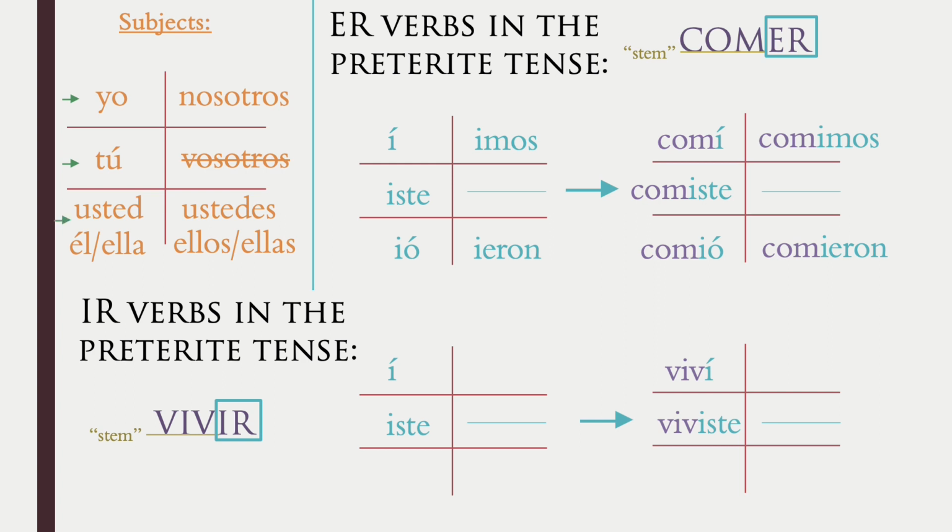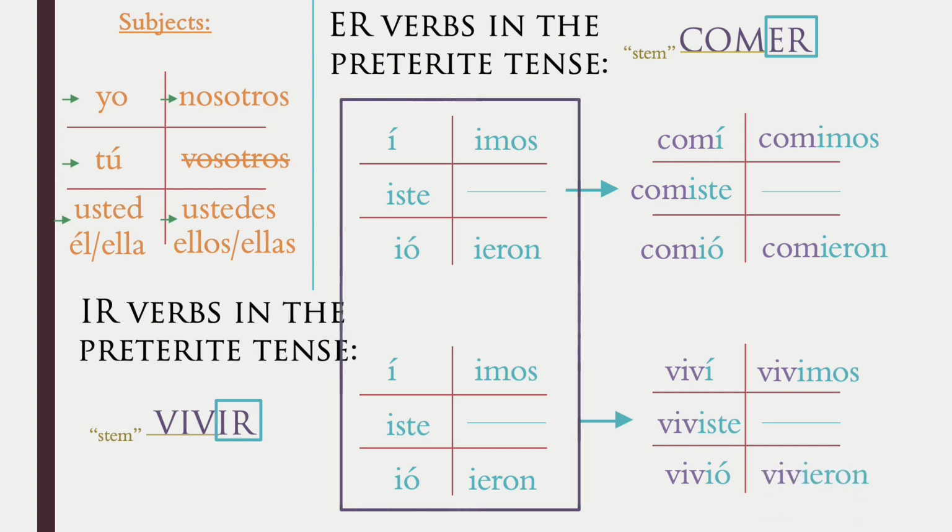For usted, él, and ella, the ending is ió. So I end up with vivió. For nosotros, the ending is imos. So swapping out that ending, I get vivimos. And for ustedes, ellos, and ellas, the ending is ieron. And I end up with vivieron.